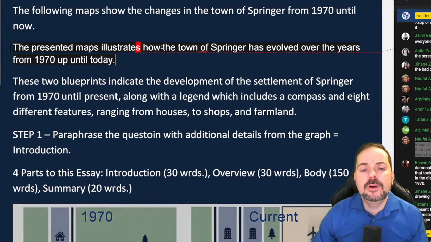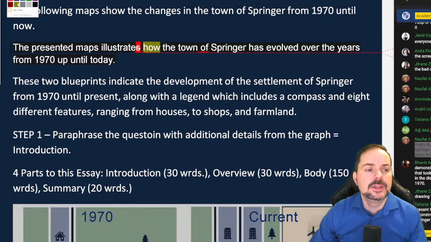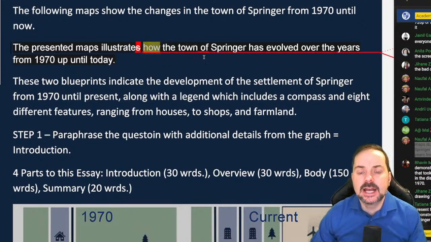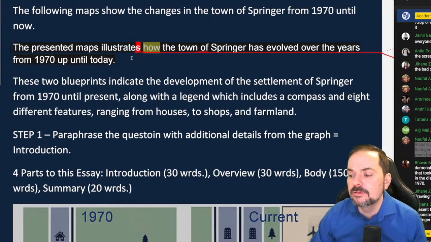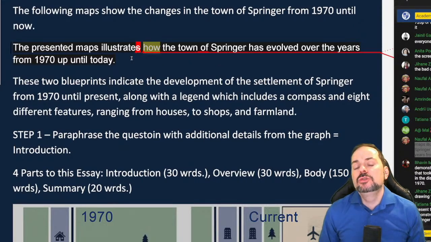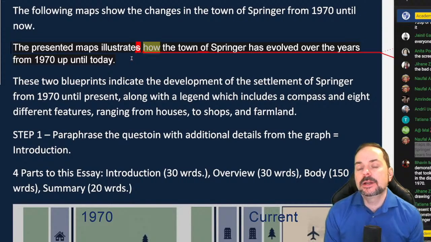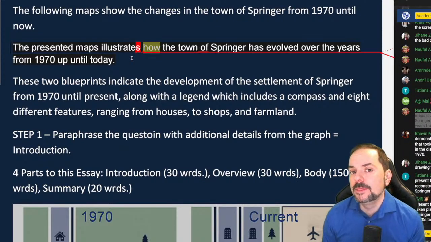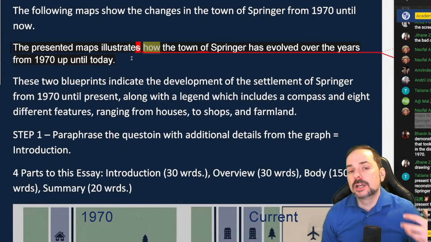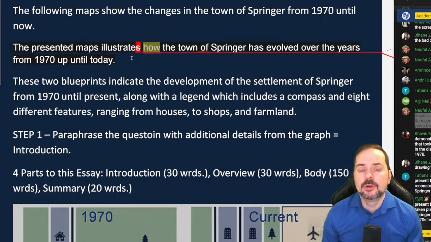Also, Nafal, and this is for everybody else, I recommend avoiding question-style statements in your writing. So, how the town of Springer. Instead of writing that, Nafal, usually in good writing it's suggested to avoid that, but rather use statement style affirmative language.